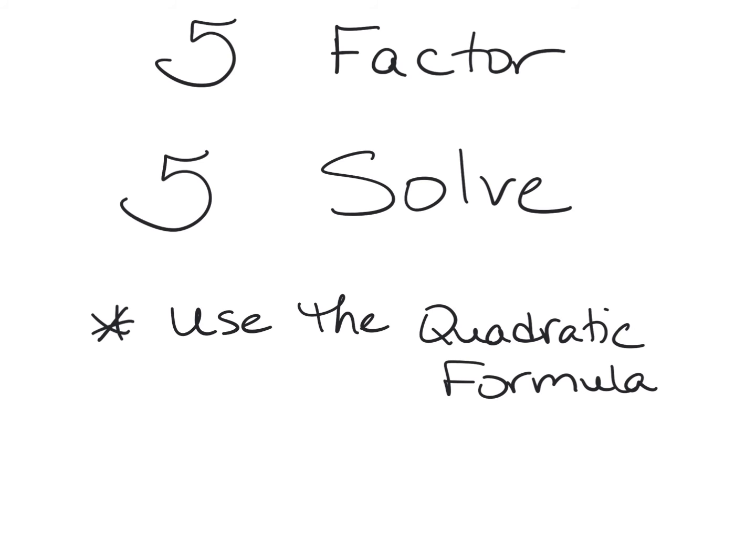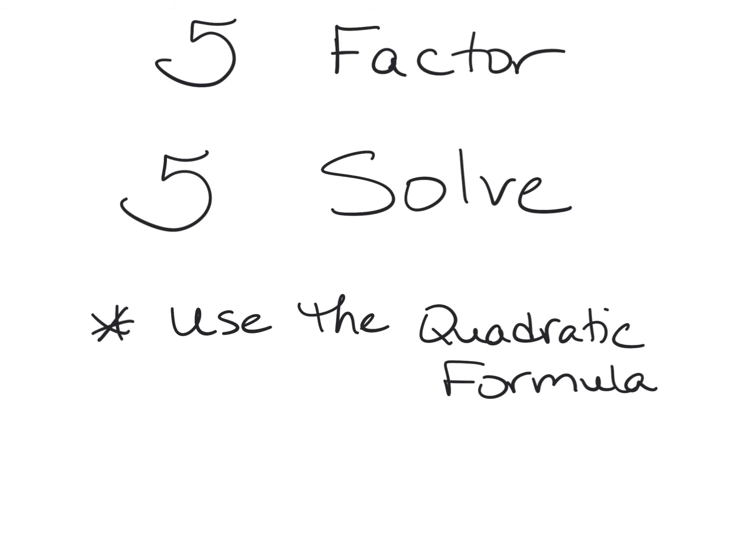The other 4 questions that say solve, you can choose whatever method you want to solve those. I know in the quiz review, it's telling you which method to use. However, on the quiz, you can choose. Generally, you could use the quadratic formula to solve all 5.